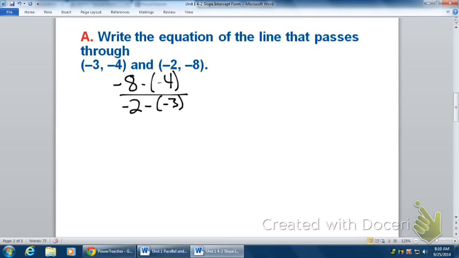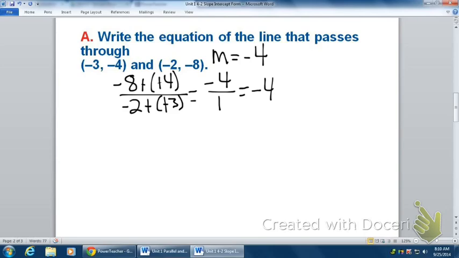Now back to what I was saying. 2 negatives make a positive. If you add that together, it's going to give you a -4 over a positive what? 1. Good. Which, if you simplify that, that'll give you a -4. So now we have m is equal to -4.